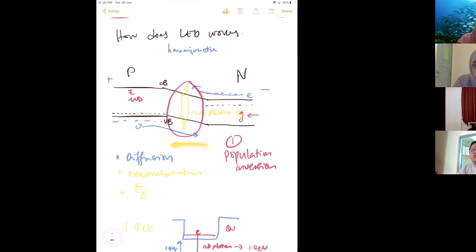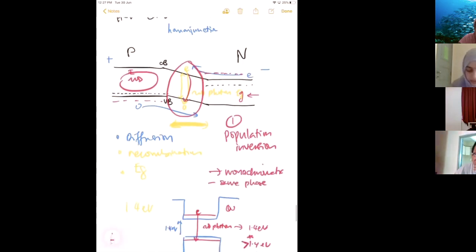So when you achieve this, you know you are entering population inversion because there are more free carriers here. Then if you give a stimulus, the recombination will be helped by the stimulus, and you have monochromatic light of the same phase and all the criteria of laser light.